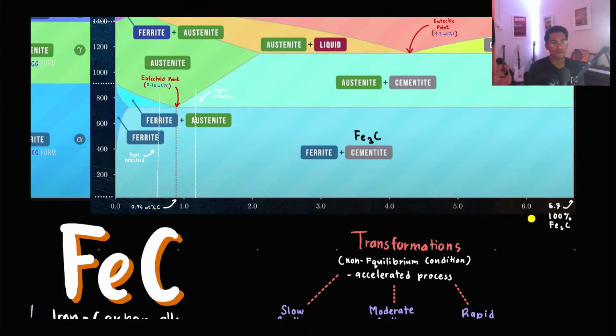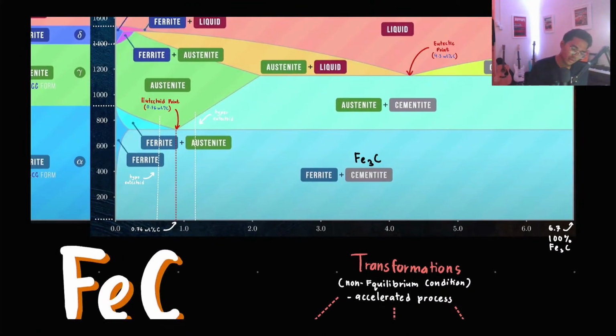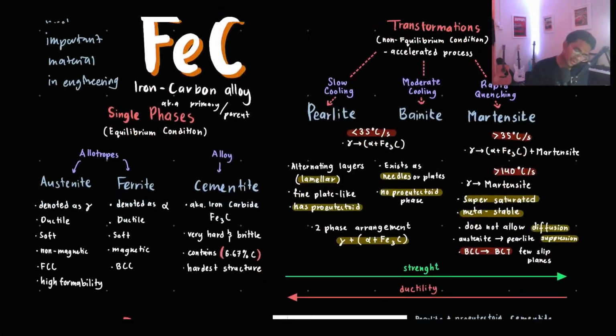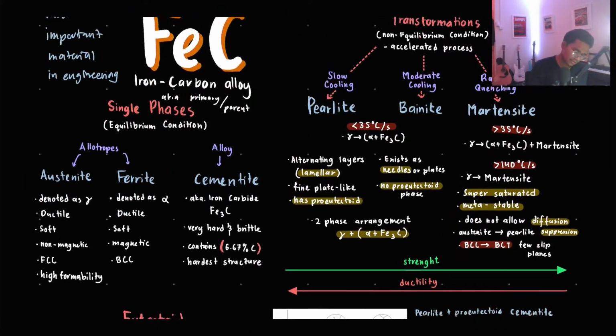Because that's the maximum solubility of iron and carbon. So the 6.7% of iron carbide is called cementite. So what is all this terminology? Let's explain together here.